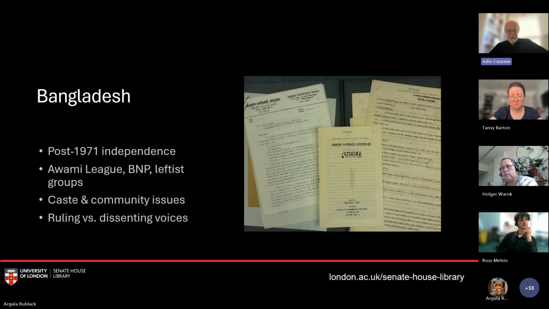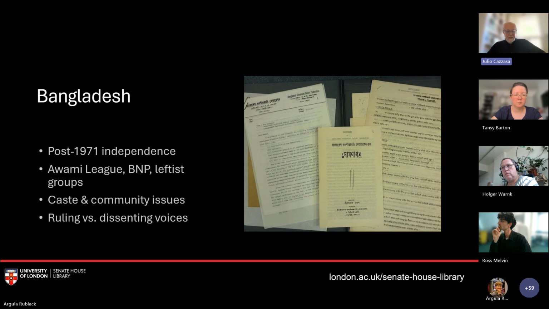Pressure group materials, including those from the Scheduled Castes Federation and the Commission for Justice and Peace, address caste-based discrimination and inter-community violence, particularly in the early 1990s. These documents capture both ruling party narratives and dissenting voices during Bangladesh's early years as a nation.